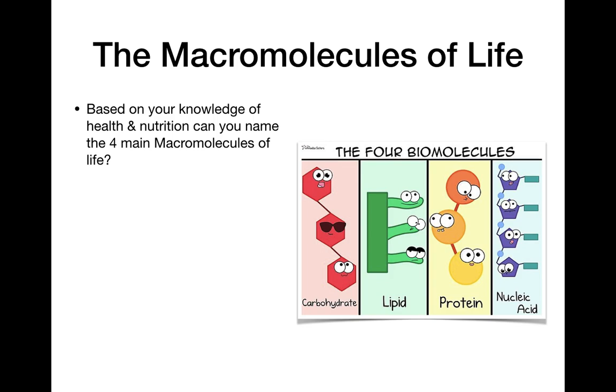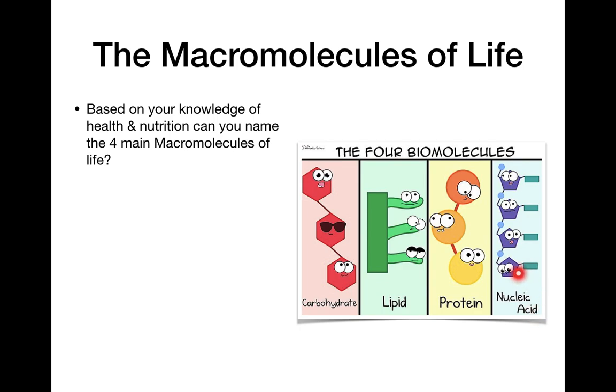So, based on your knowledge of health and nutrition, can you name them? Well, we already just did, but think about where you've seen them in different food sources. How do you translate this into foods? So carbohydrates, for example, breads, anything with flour in it, it's going to be carbohydrates. Lipids are the fats, and proteins like meats, beans, that kind of stuff.